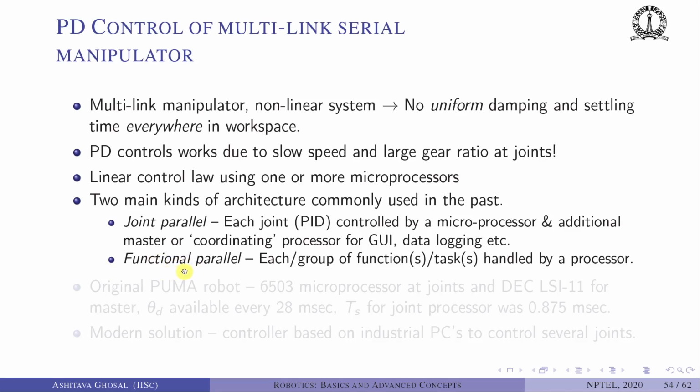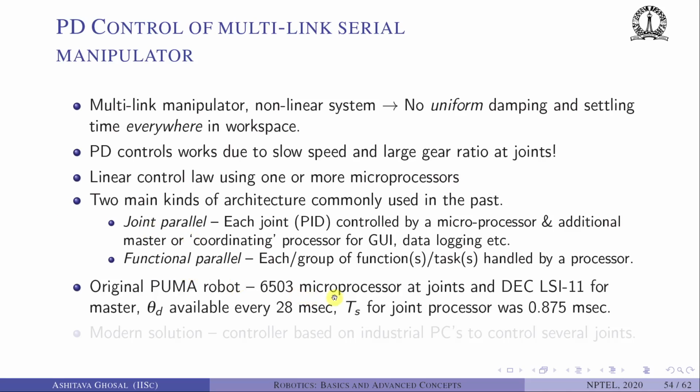There was for a short while something called a functional parallel architecture, where each group of functions and tasks was handled by one processor. So for example, the inverse kinematics was done by one processor, motion planning by another, and so on. Most of the time, this joint parallel or independent control of each joint is the common way of controlling a multi-link serial robot.